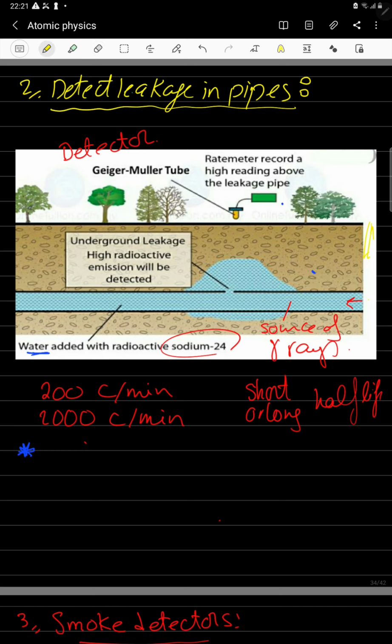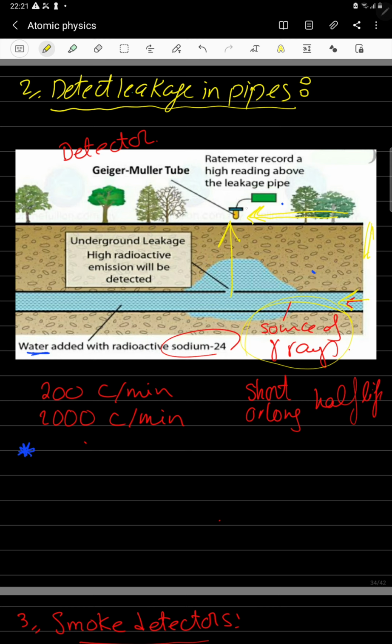We place a source of gamma rays in the water that passes through the pipe. Then we use a detector on the top of the pipe. In the position where we find an increase in number of counts, this means that there is a leakage in this place. So we move the detector all over the place. Let's say that the counts were 500 counts per minute.